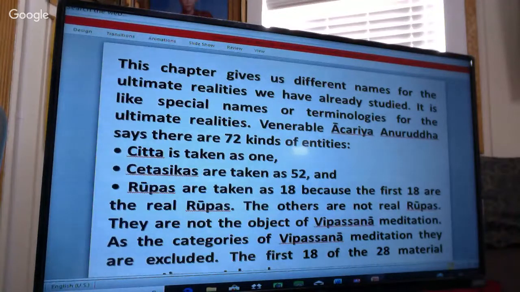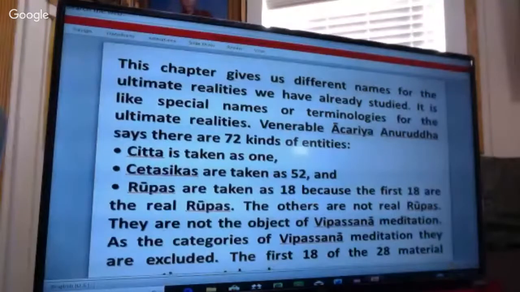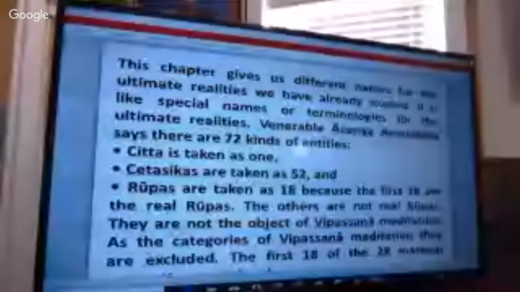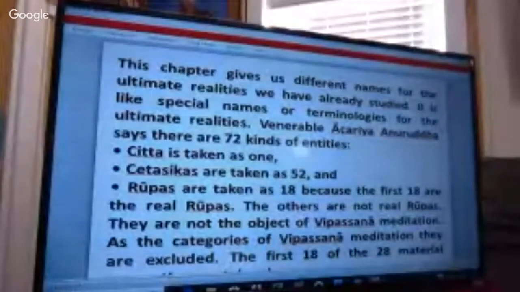The characteristic of every kind of mind is knowing the object, so the characteristic is the same. That's why in this chapter we take mind, Citta, only as one. We count 89 and not 121. Understand?